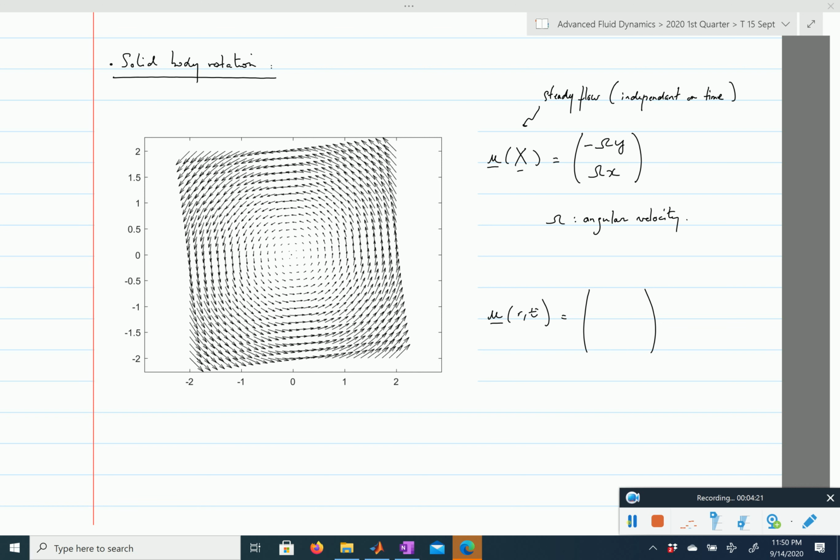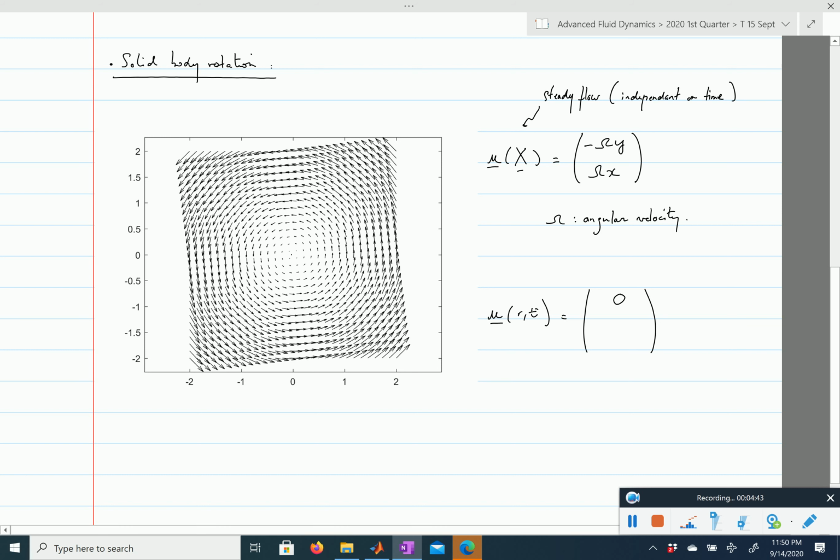Now note, of course, if we have a solid body rotation, then at every given point here there is no component of the velocity in the radial direction, and there is only a component of the velocity in the circumferential direction. So the component in the radial direction u_r is equal to 0.